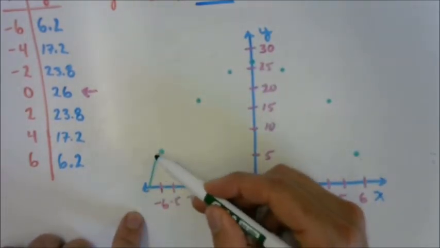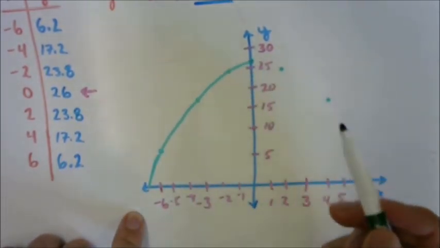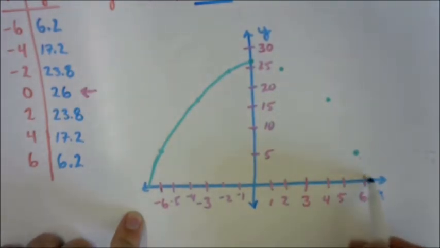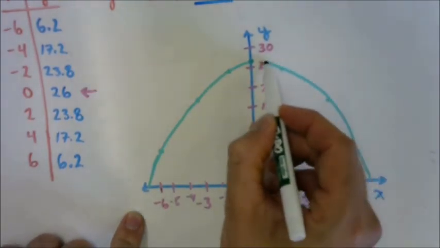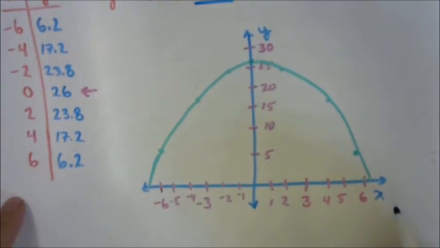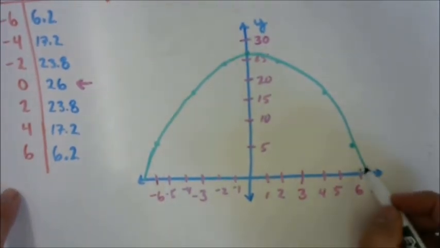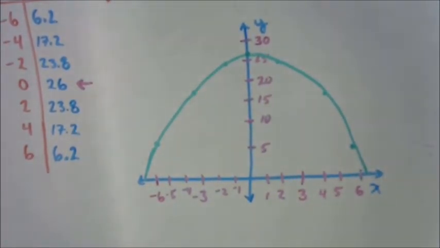And if you trace that curve nicely, your parabola should be perfectly symmetrical. Mine isn't quite. But you should get what the archway looks like there.